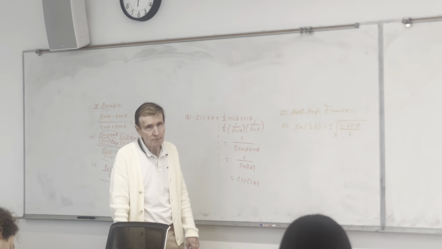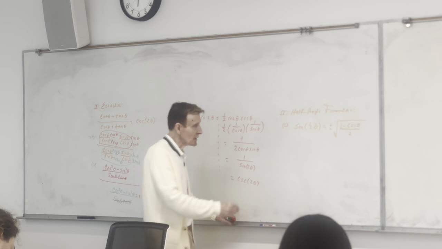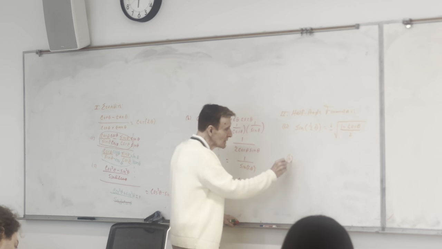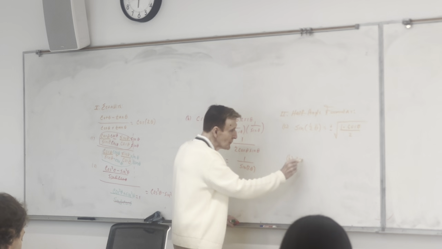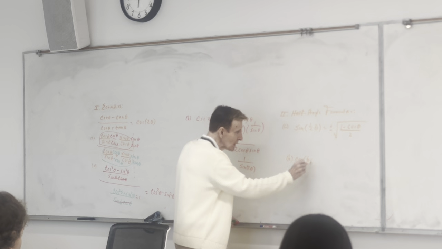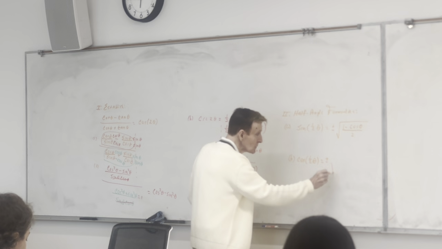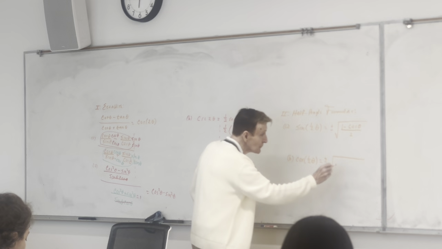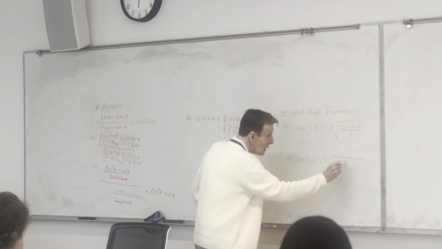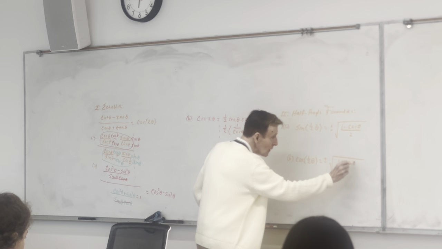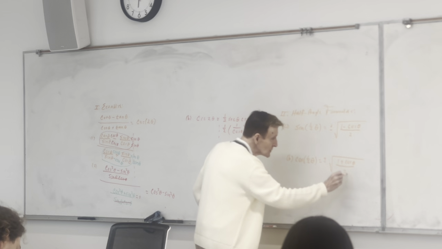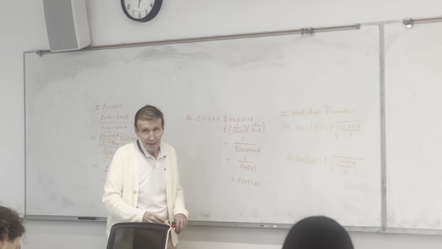I will not show you where it came from. And the other one, I think it's a cosine. Cosine 1/2 theta, the half angle formula, is plus or minus the square root of what's underneath this one? 1 plus cosine theta, all over 2. Now, I think that's all I gave you.